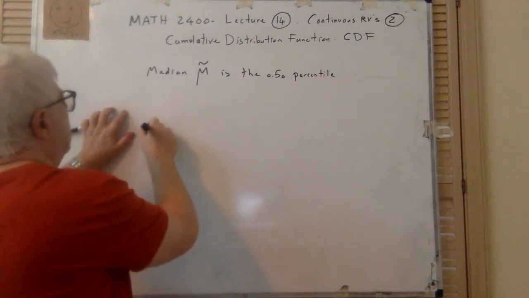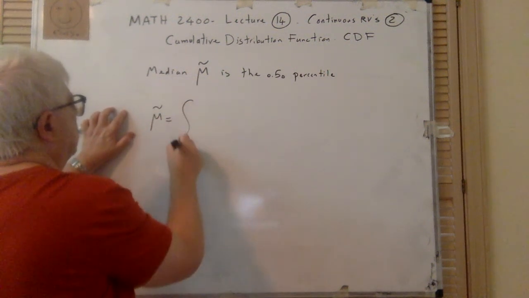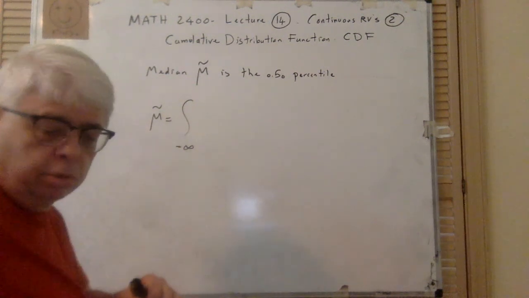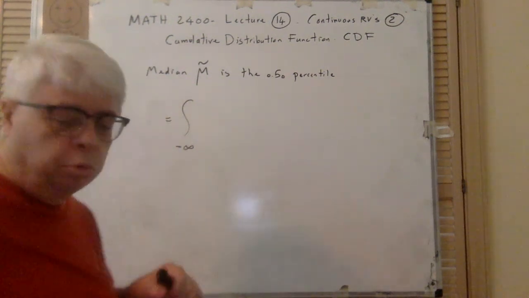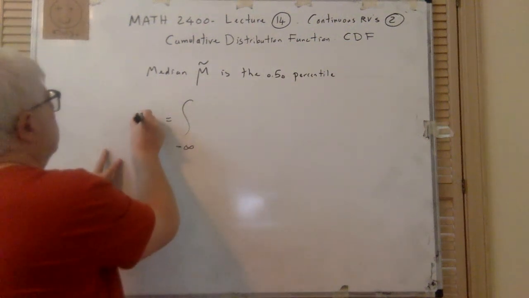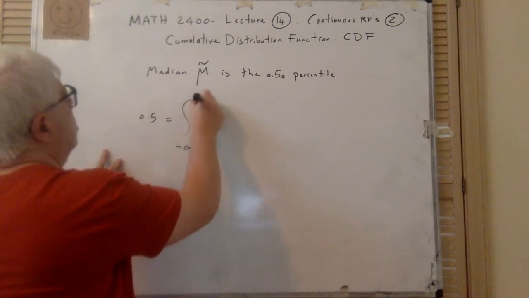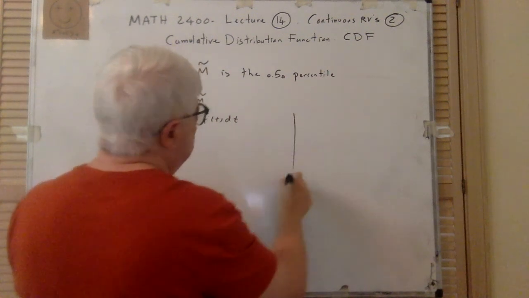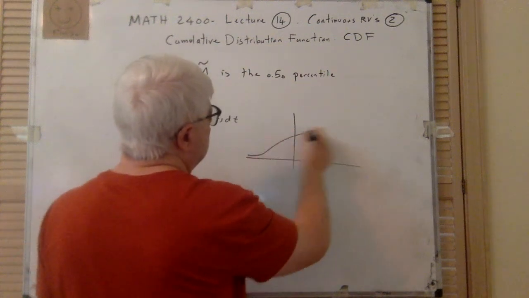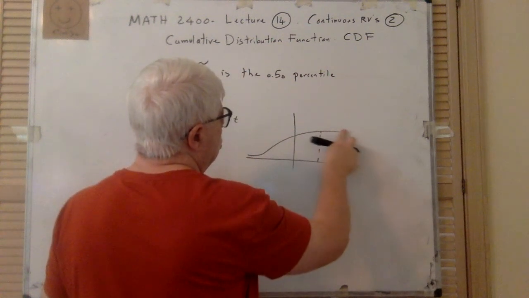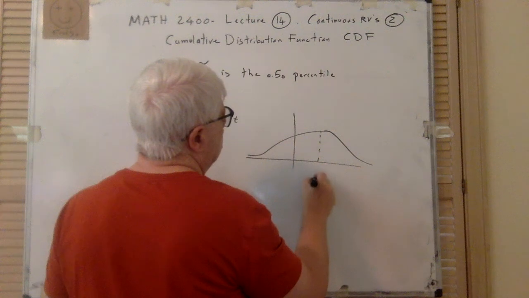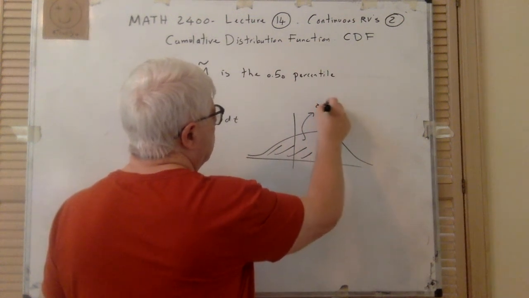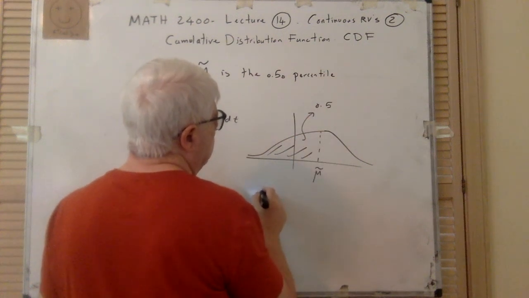So mu tilde is, sorry, that should go here. That's 0.5 here. The integral from minus infinity to mu tilde of f(t) dt. So it is a point on the x-axis, mu tilde, such that this probability is 0.5.